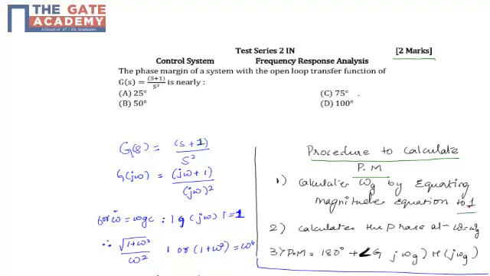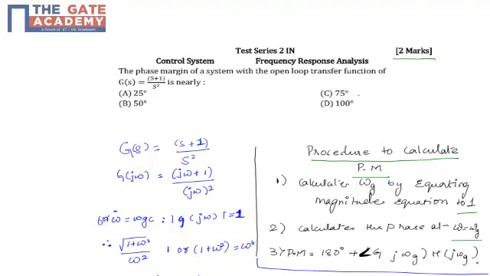Next, we have to calculate the phase at omega equal to omega g, the gain crossover condition. Then the phase margin formula is 180 degrees plus the angle of G(j omega g) H(j omega g).